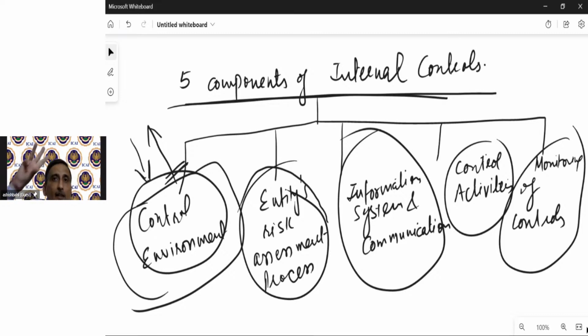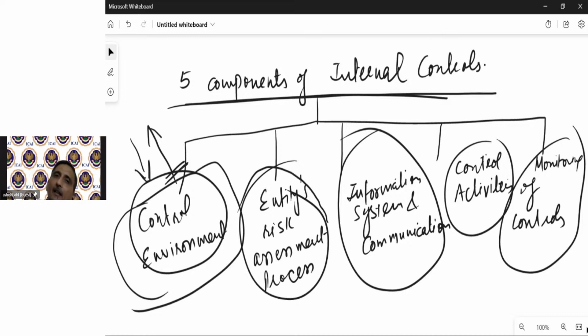So guys, do not forget the big picture. We are understanding the concept of internal control generally, the model of internal control, what things constitute internal control, the components, what do components mean, that by which a thing is formed. So if there is some concept like internal control, then we are breaking it into 5 parts.